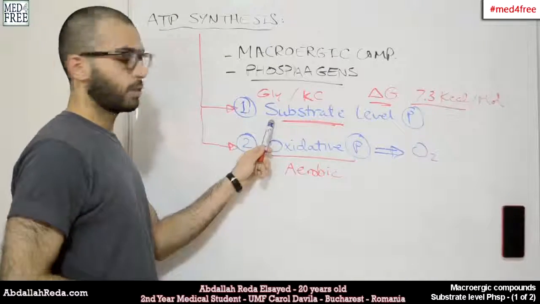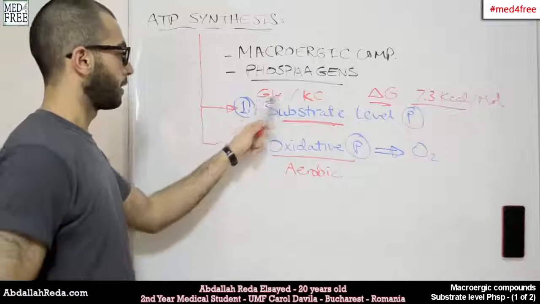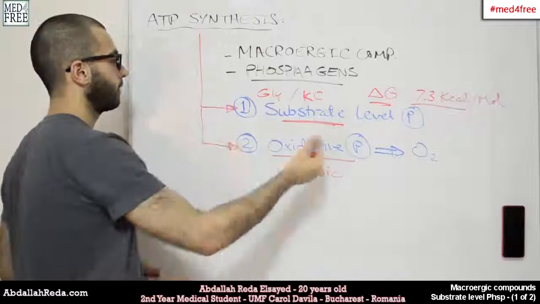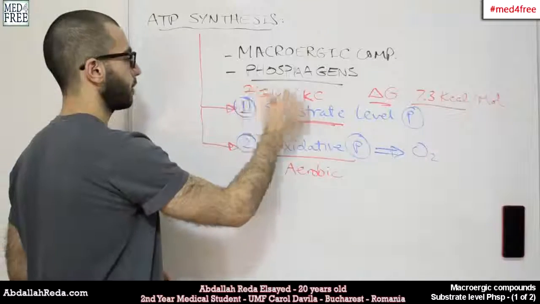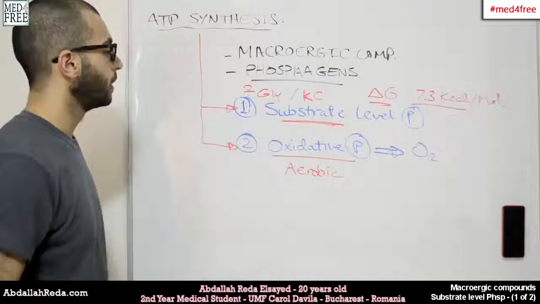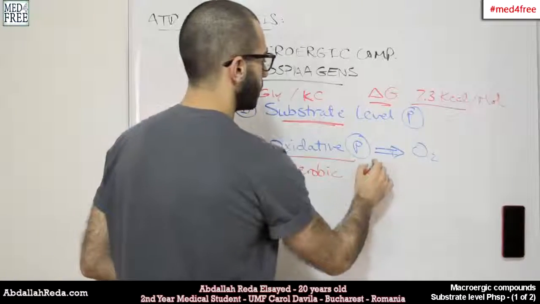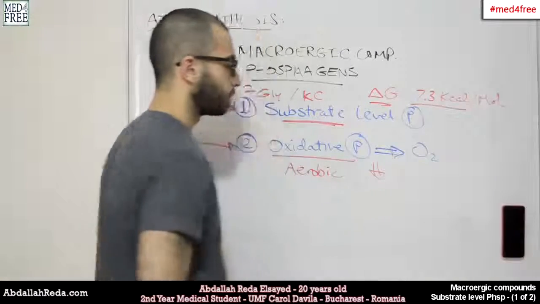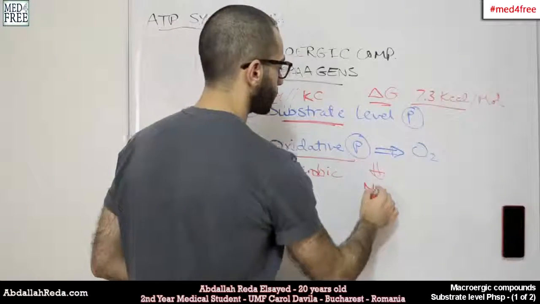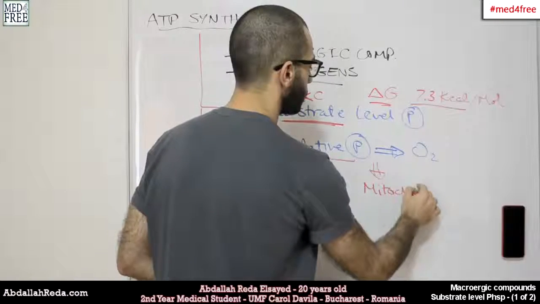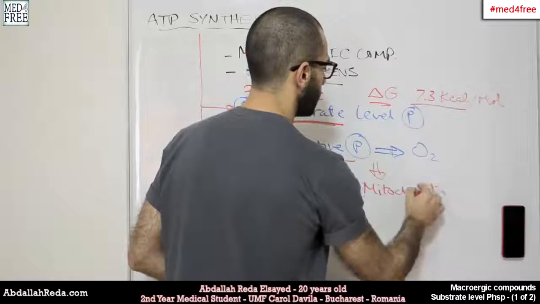The examples that we're going to talk about today are from glycolysis and Krebs cycle. Matter of fact, 2 from glycolysis and 1 from Krebs cycle, while the oxidative phosphorylation occurs on the level of the mitochondria in order to produce the ATPs.